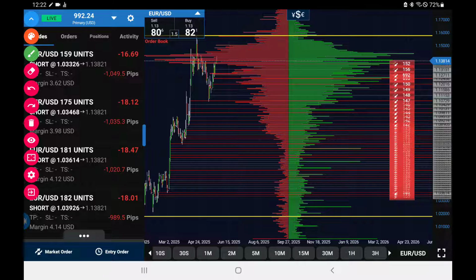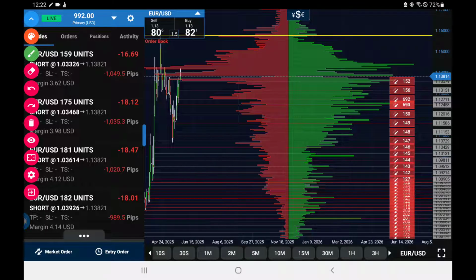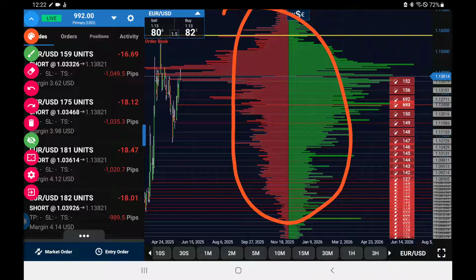We can see by looking at the order book, the red-green blotches in the middle, that this market is just totally off the wall crazy with people in it. Money moves rapidly through this market, and the liquidity and the volume of this market is just staggering.